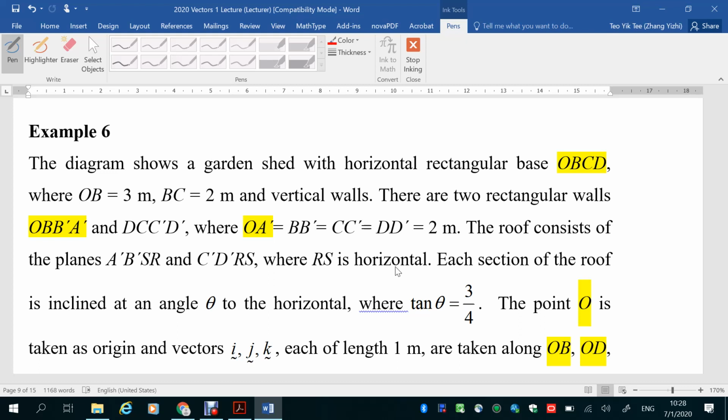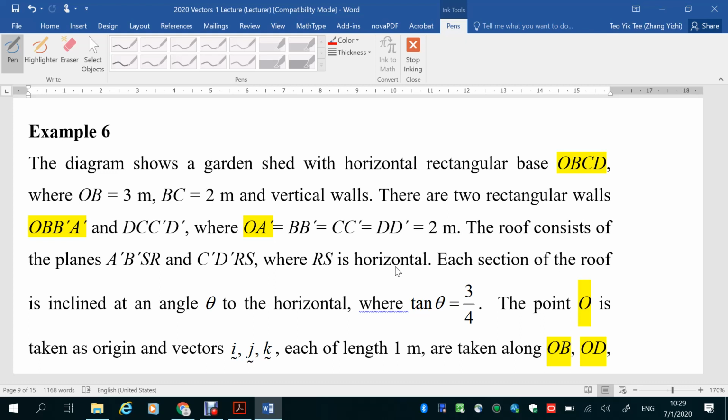If you cannot do this, the whole question cannot be done anymore. Sometimes students falter in this, because there is no specific chapter or topic by which we teach 3D geometry. So this is the only chance by which I can test you. Do you have the ability to read off OB, OC, OD based on the story as well as the diagram?